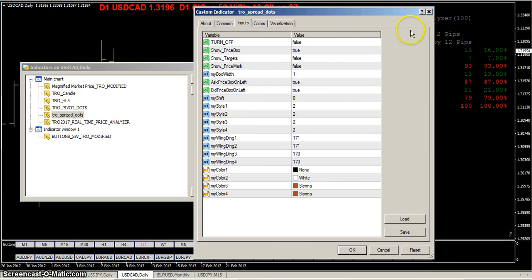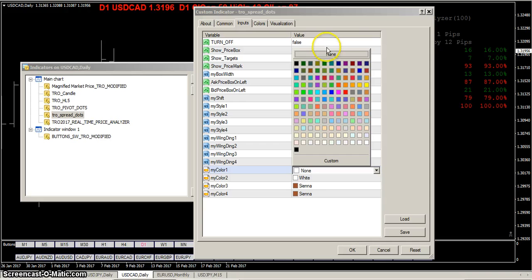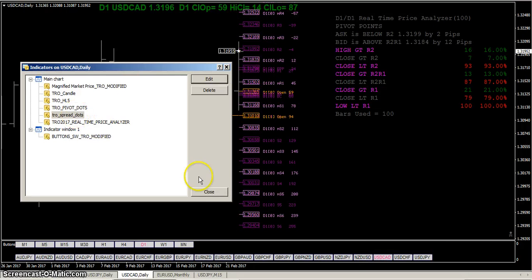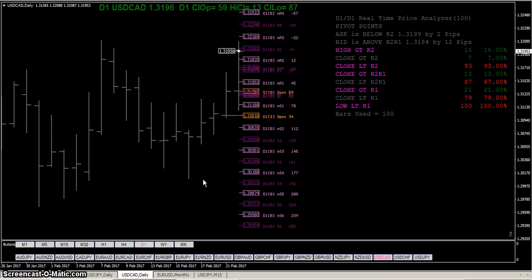You'll notice there's only one: instead of having the ask showing, I just said color none, so it's only showing the bid. I should probably make these a little more descriptive now that I see that, so I have some work to do there. Okay, so that's about it.